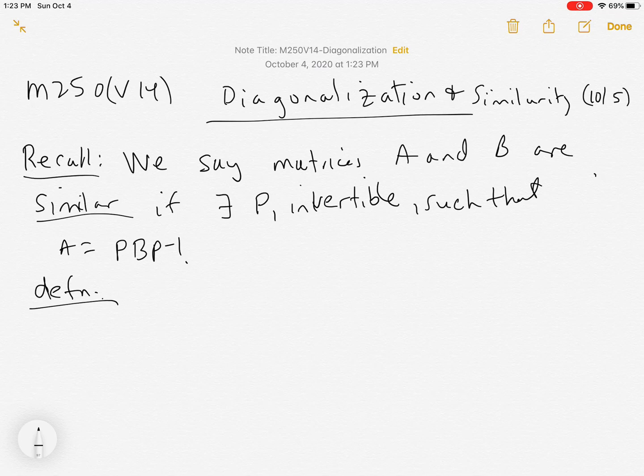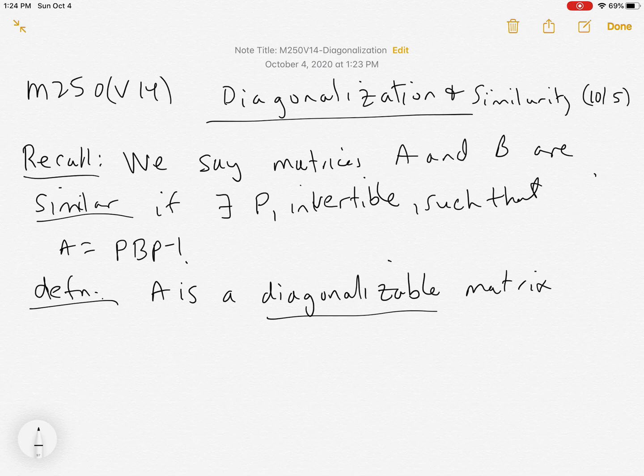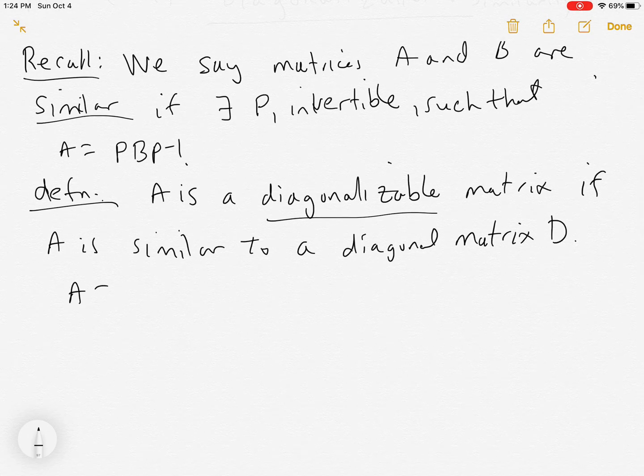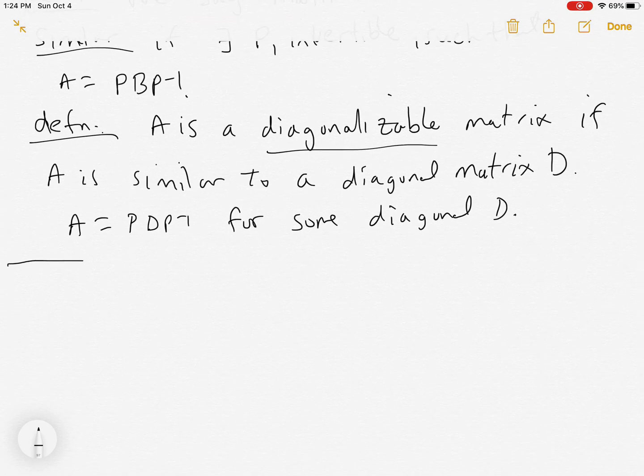So, definition: A is a diagonalizable matrix if A is similar to a diagonal matrix that we normally call D. So in other words, A equals P D P inverse for some diagonal matrix D. So let's explore this, and in this section and the next one together, we'll see why this is so important.